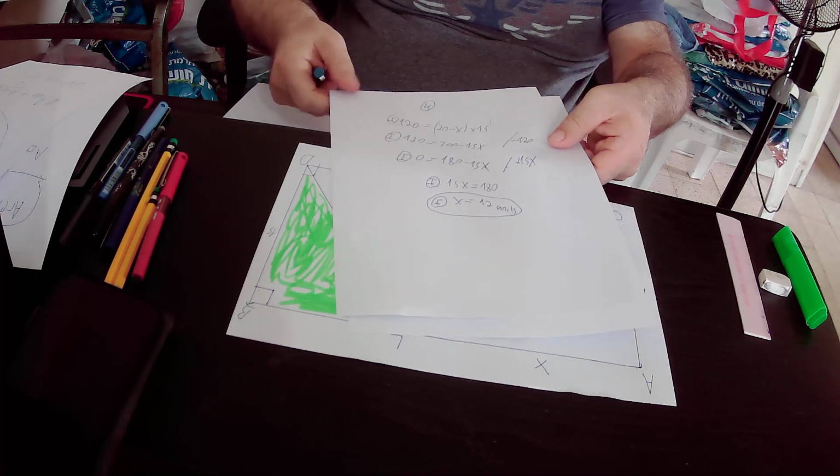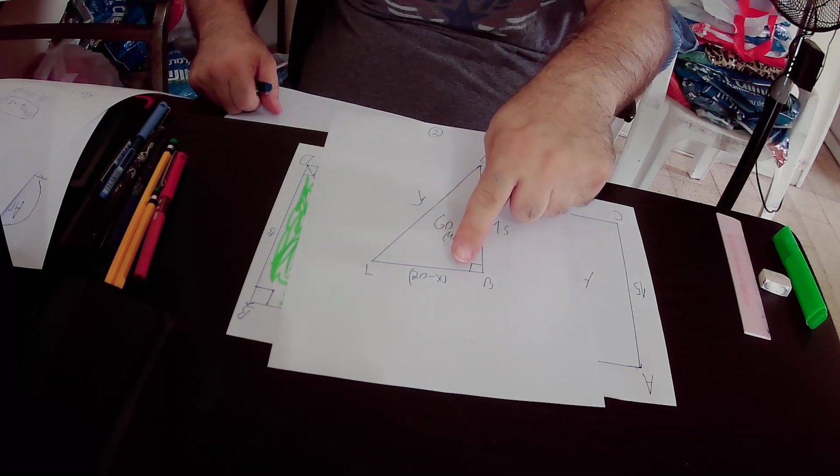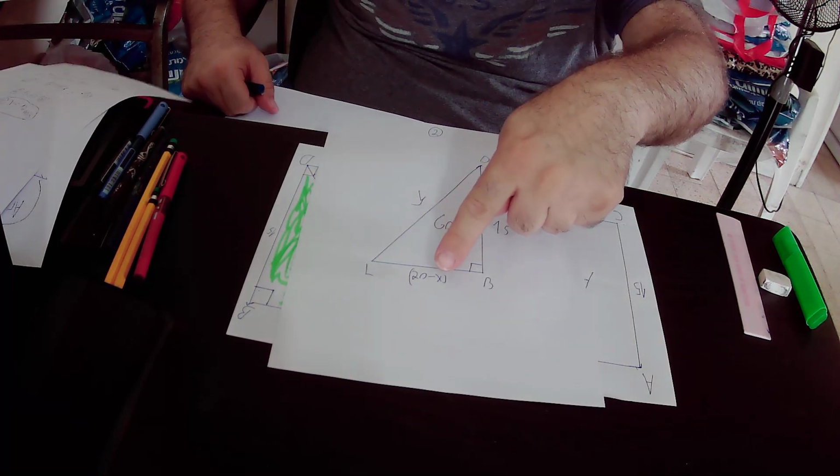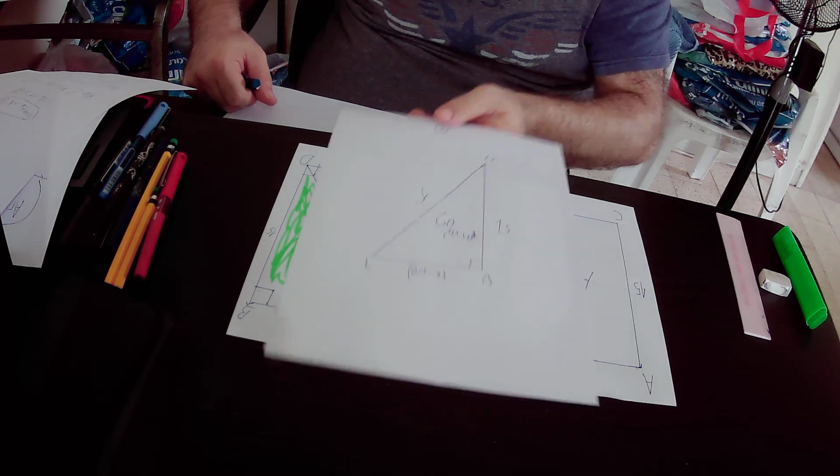So if x equals 12 units, then 20 minus x equals 20 minus 12, that is to say 8.